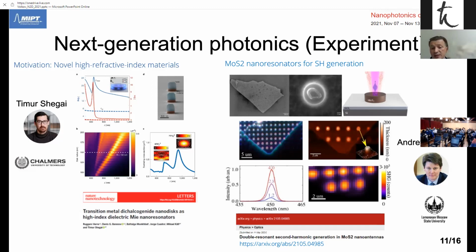So by tuning Mie resonances through selecting the geometrical size of the nanodisk, we managed to demonstrate a very strong enhancement of the second harmonic signal due to the efficient overlap of the optical resonances at the fundamental wavelengths with the C exciton resonance at the second harmonic wavelengths.